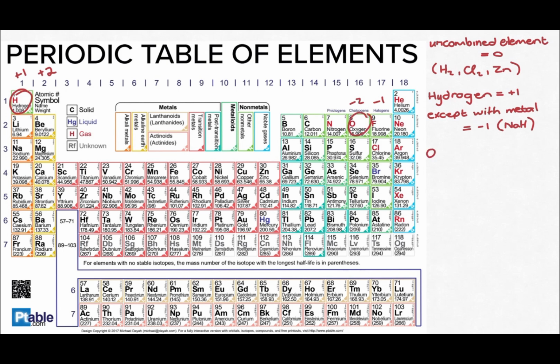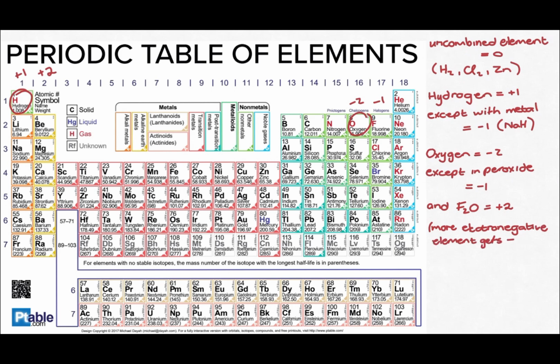Except for oxygen. Oxygen will have an oxidation number of -2, except in peroxide, where it has an oxidation number of -1. And in OF2, oxygen will have an oxidation number of +2. The reason for this is that the more electronegative element always gets the negative oxidation number.